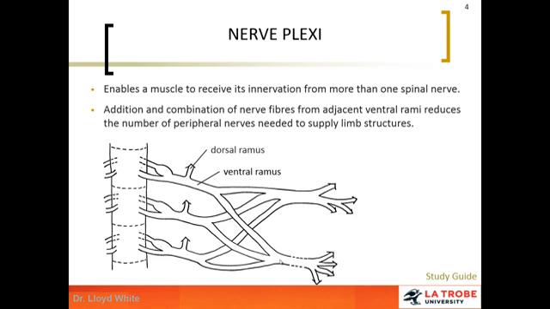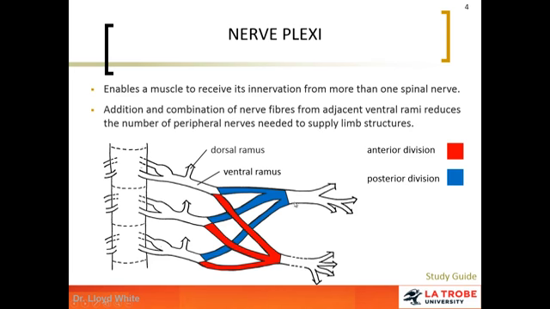Now, important features of the nerve plexus are our spinal nerve coming out and splitting into a dorsal ramus, which will supply the back, and the ventral ramus, which will supply the front of our torso and all of our limbs. Now, this ventral ramus then splits into an anterior division and a posterior division.